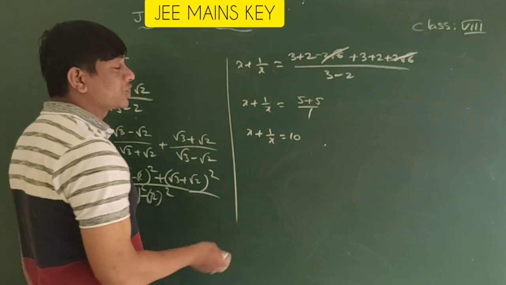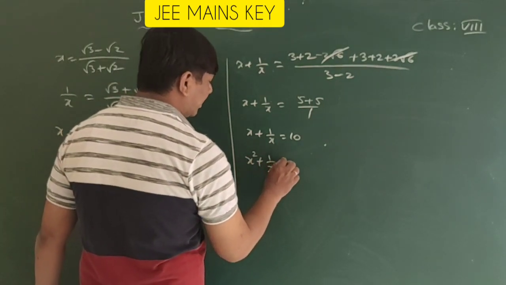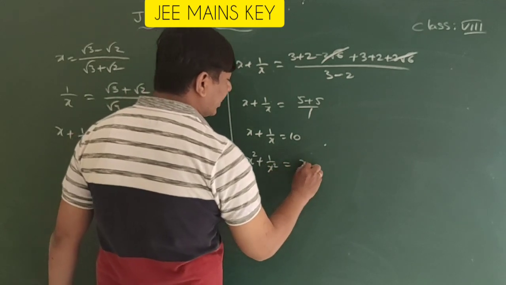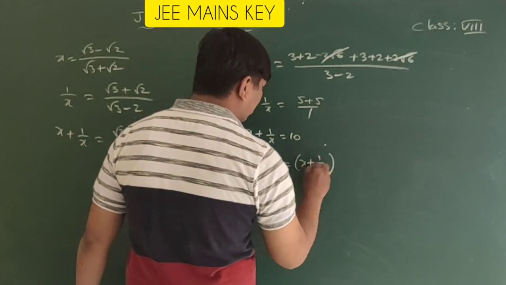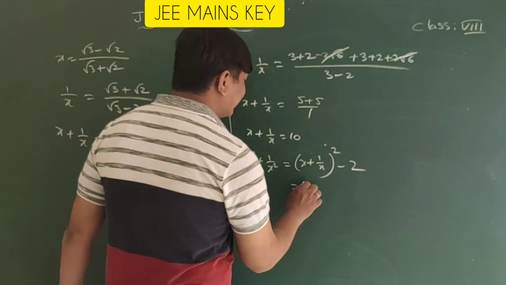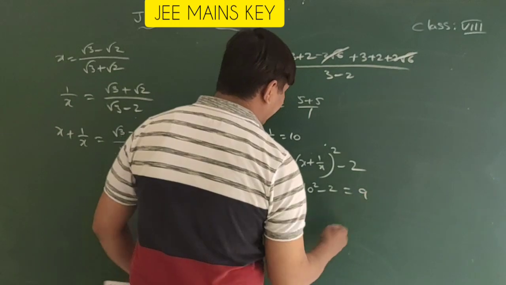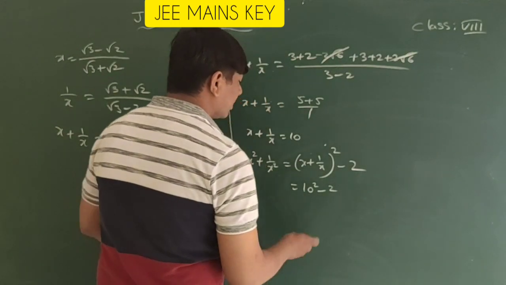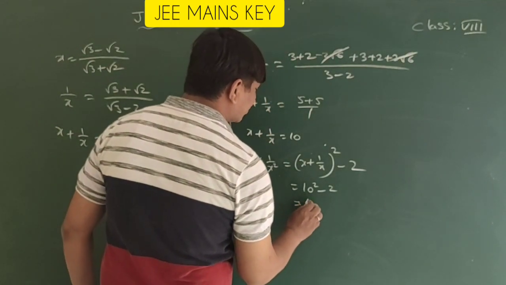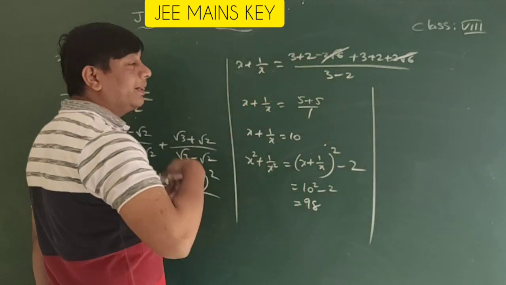Now first find out by squaring. X square plus 1 by x square is equal to x plus 1 by x whole square minus 2. Standard formula. So this is equal to 10 square minus 2, which is 98. 100 minus 2 is 98. Again I require power 4.